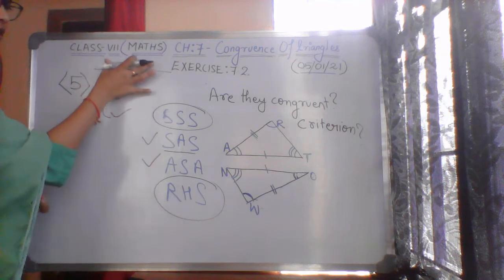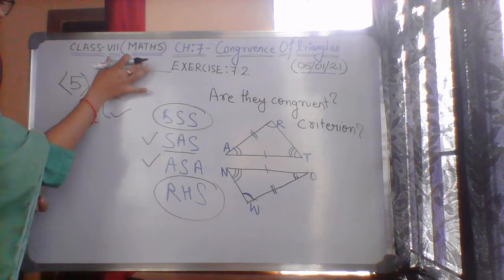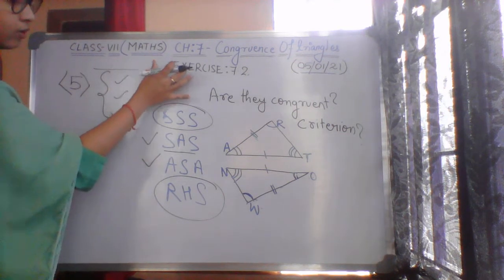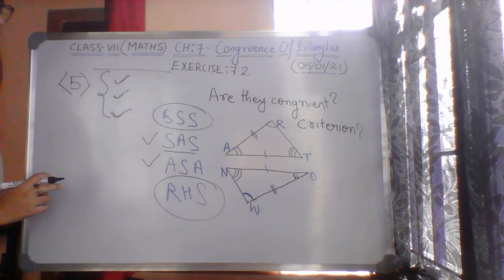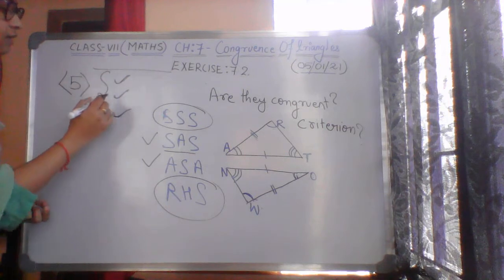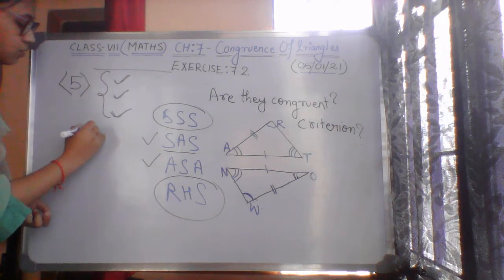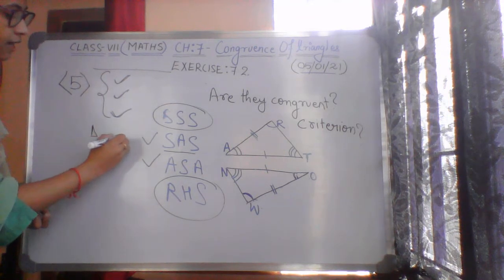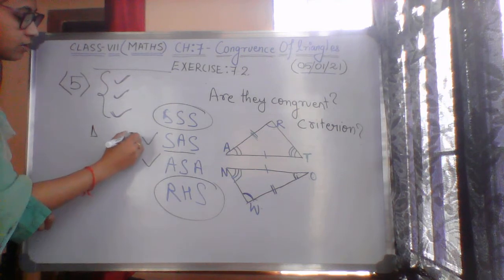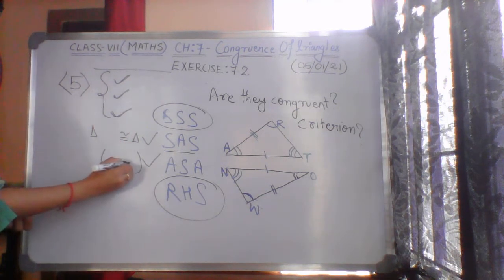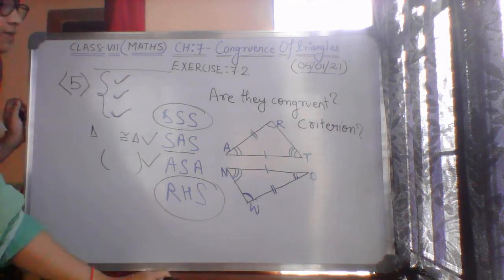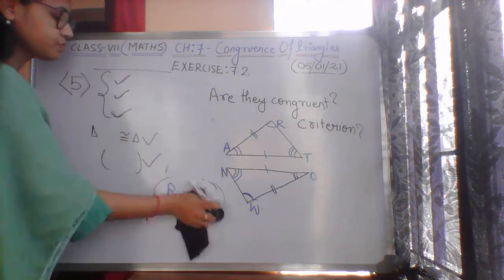That will be the first line. Then you write the three things that are equal. By studying those three things, you write that the first triangle is congruent to the second triangle, and in brackets, the criterion. These are the steps you have to follow.